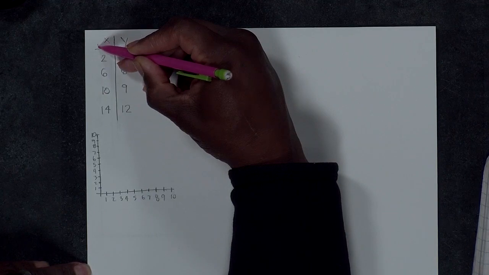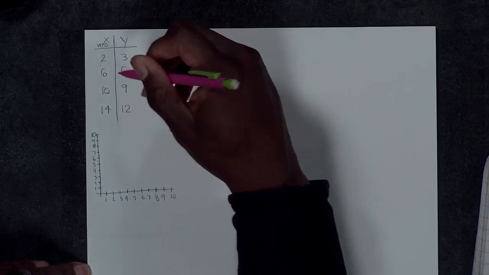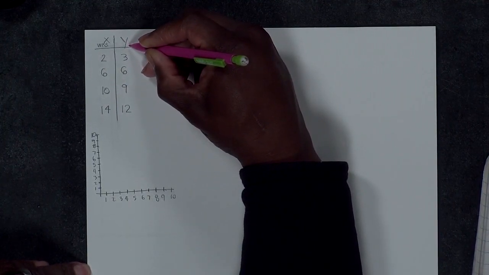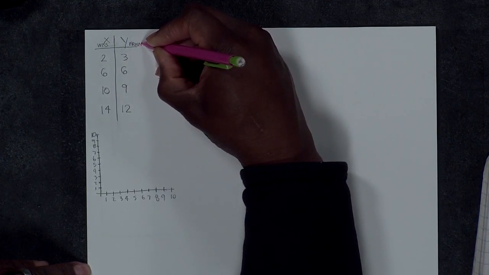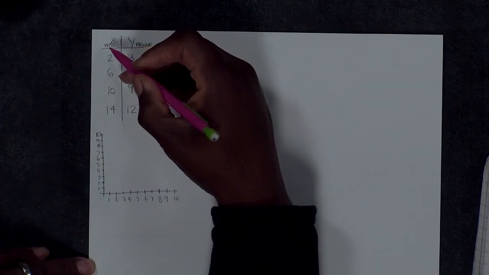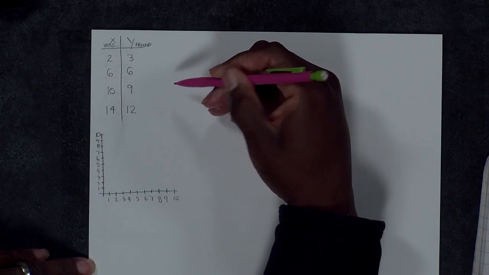X can represent weeks. After 2 weeks, you have 3 friends, let's say. X can be any independent variable like time, weeks, days, months, years. And Y could represent anything.